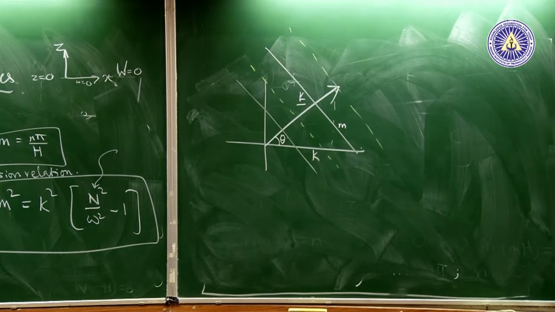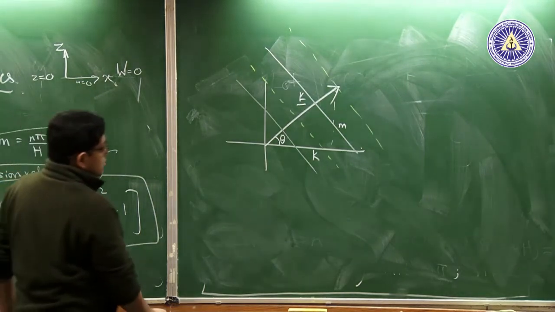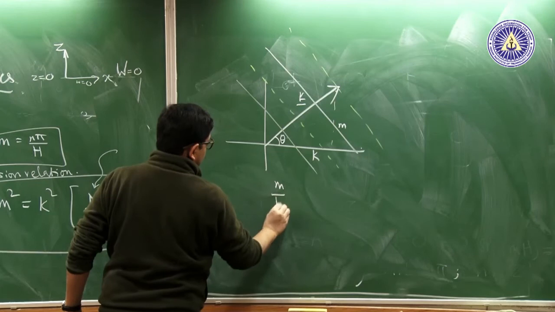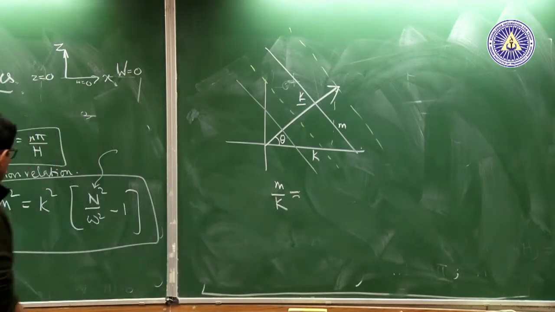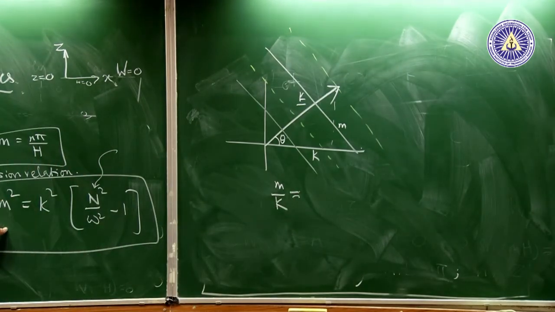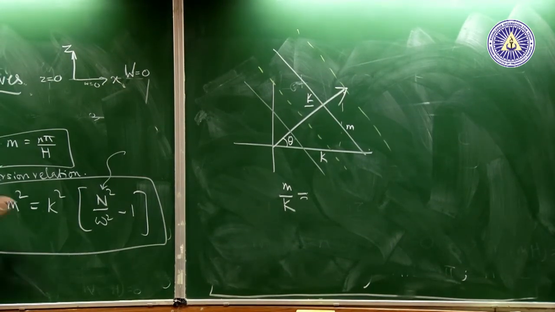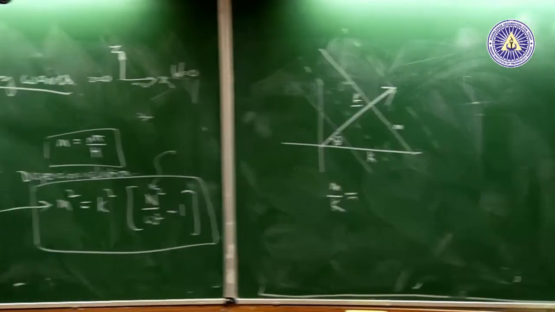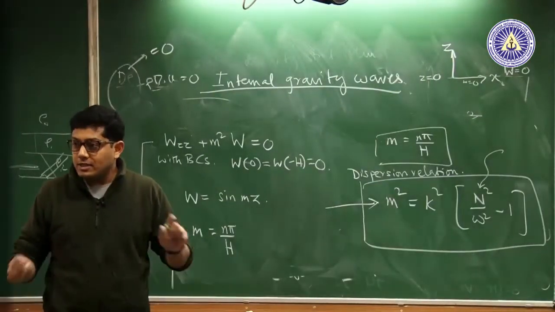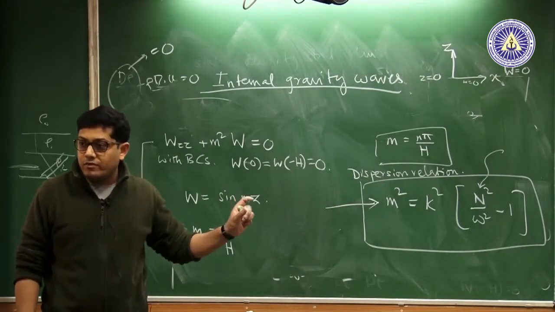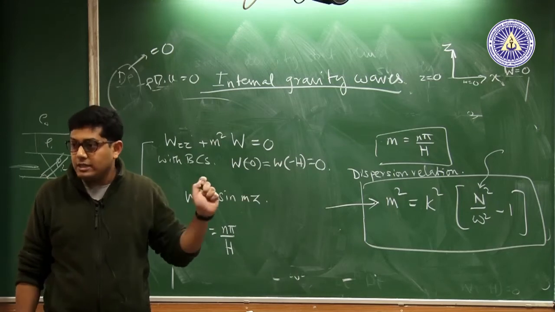So what is m by k? I see that m by k does not depend on the so called mode number. m is n pi by h, so there is no dependence on small n here, which means that the vertical wave number and the horizontal wave number are in a particular ratio which is independent of n.